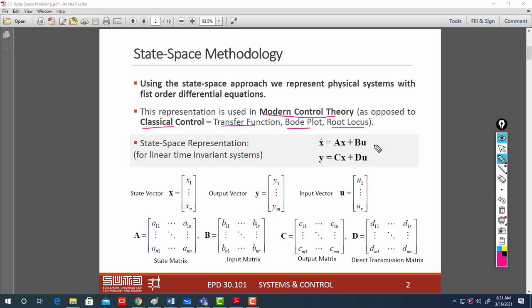You see, it is first order differential equations. Here it's a vector with many first order equations, and this representation is directly an indication of a linear time invariant system. A transfer function is for a linear system. We are doing linear control.